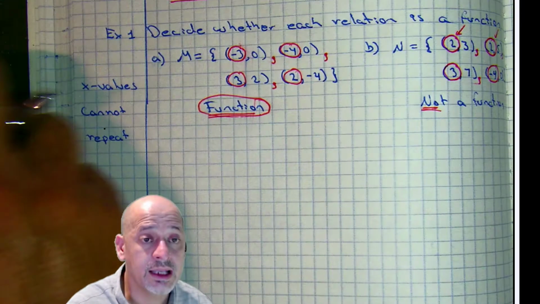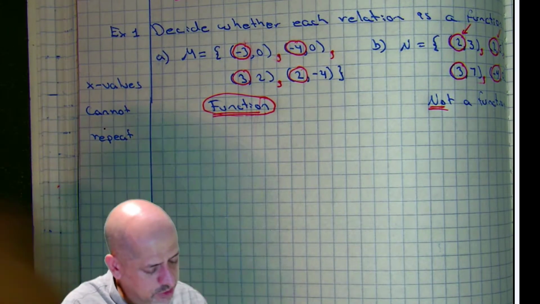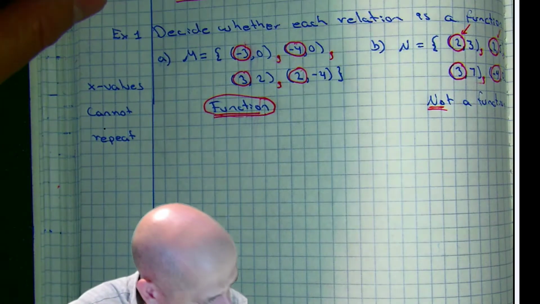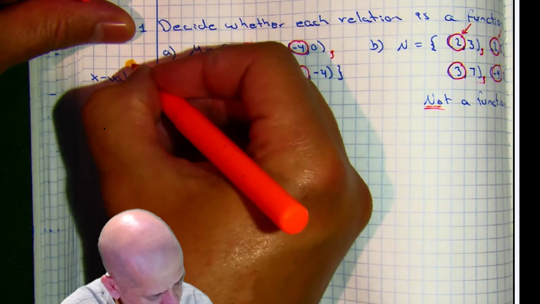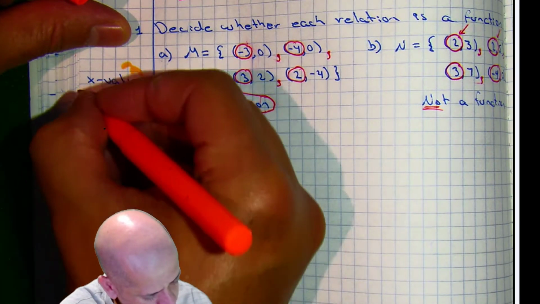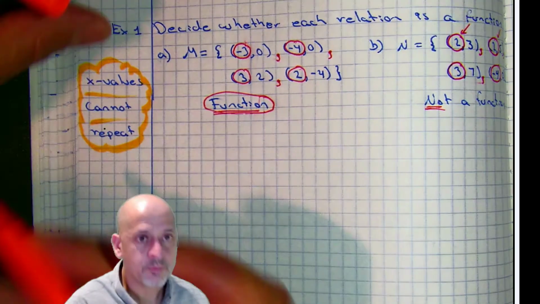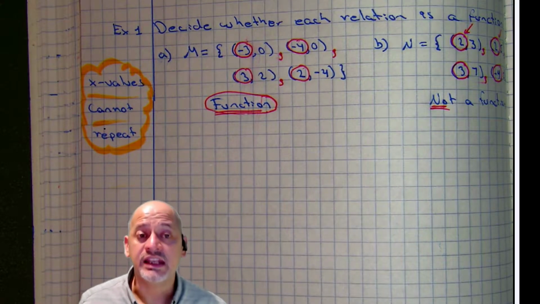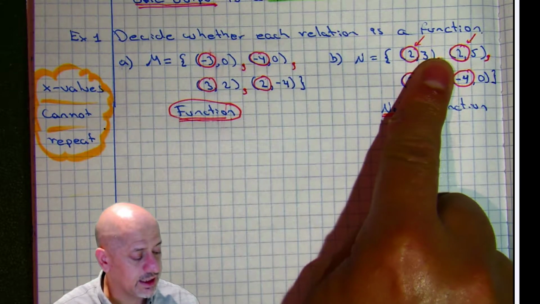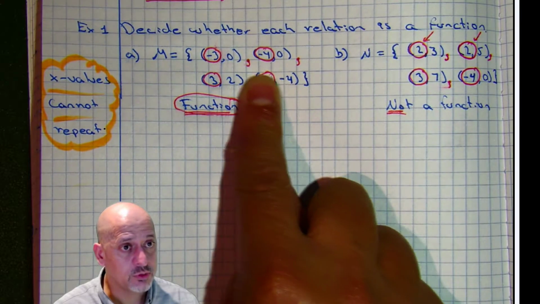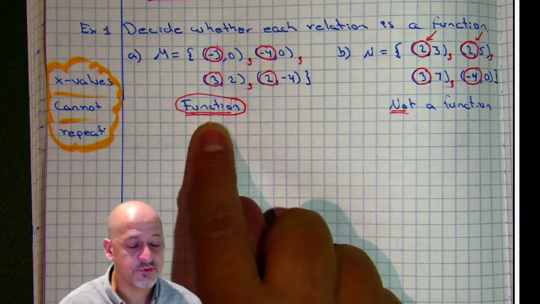Make sure that you highlight it, or place a little bubble around it. I'll use my other highlighter to place a little bubble, and that way I know that I need to remember this. X values cannot repeat. If they do repeat, then that is not a function. If they do not repeat, then it is a function.